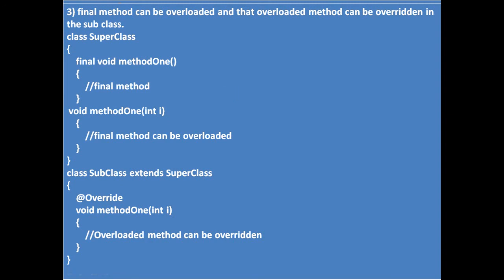So we can say that we can overload the final method. But a final method cannot be overridden. It means if you create its subclass, and you try to override that method, like method1, it will not allow. So overloading is possible, but overriding is not possible for the final method.